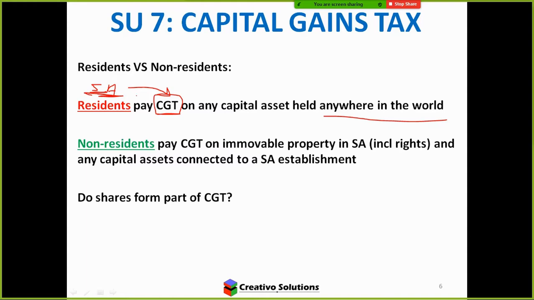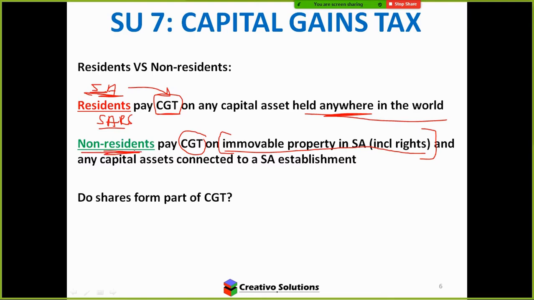SARS will collect tax on that sale of foreign property anywhere in the world, because you're a resident. Non-residents, only in South Africa. So if you're an American and you own property in South Africa, if you sell that property it will attract CGT. Only property in South Africa if you're a non-resident.